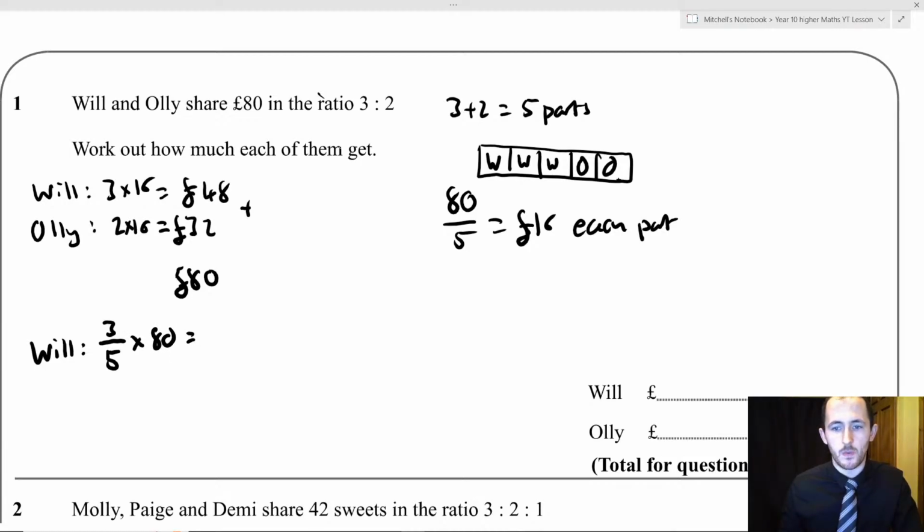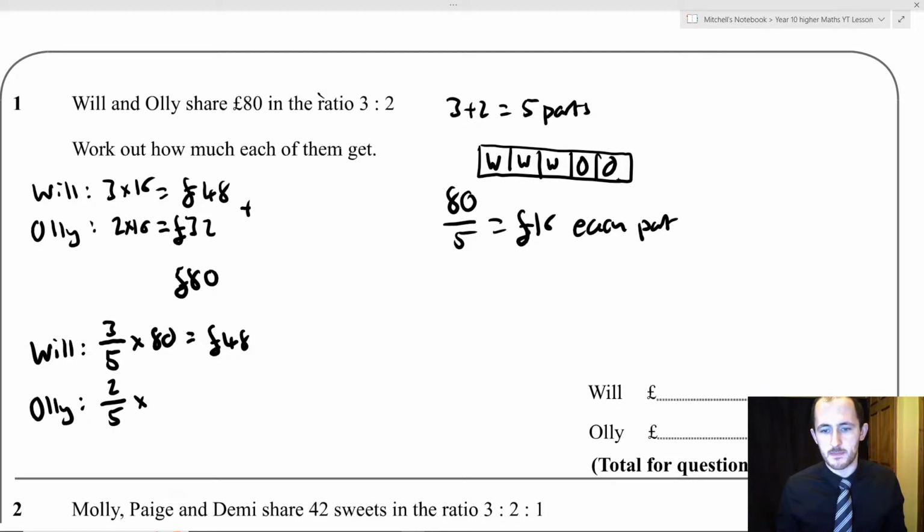You're still doing the exact same thing, and you will get 48. And with Ollie, you do the same thing. The number we're interested in is the 2. 5 is the total, times by 80. £32. So either way, it's going to be exactly the same.